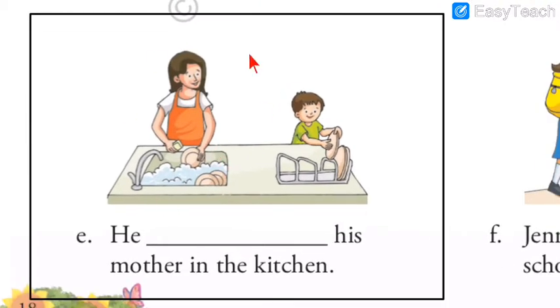You can see that the tap is open, you can see the foam, you can see the bubbles created by rubbing the dishes with the soap. Yes. So what is this child doing? He dashed his mother in the kitchen. Is he cooking? No, I cannot see him cooking. Is he harassing the mother? No, I cannot see him disturbing her in any way. In fact, his mother looks happy. Can you see the face? Then what is he doing?